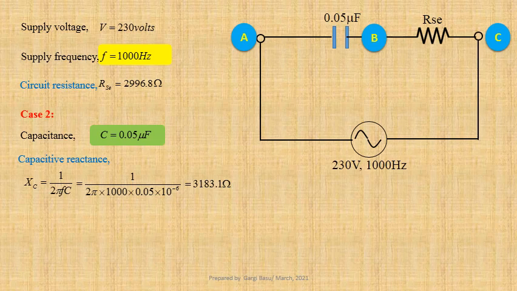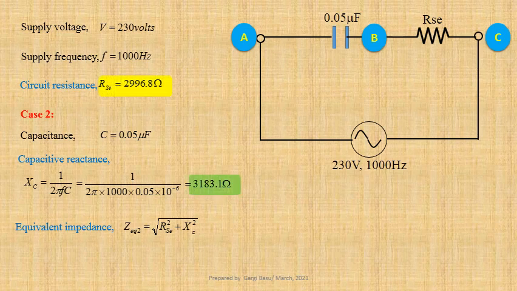3183.1 ohm. Now we shall determine equivalent impedance. ZEQ2 equals root over RAC square plus XC square. Using values, we get root over 2996.8 square plus 3183.1 square, that is equal to 4371.8257 ohm.